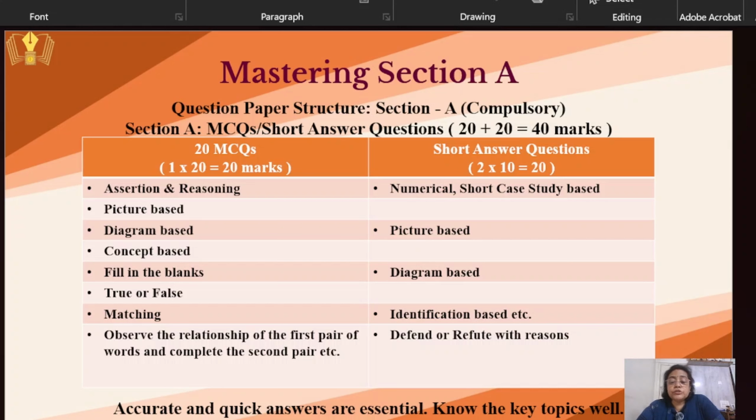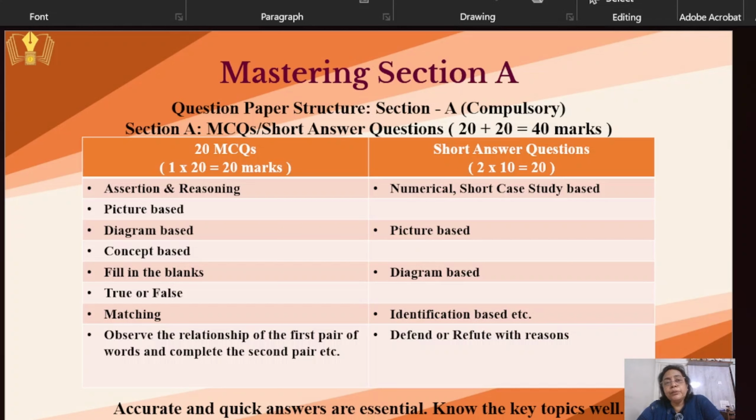Children, one thing you just remember, out of the MCQs, when you get the assertion and reasoning questions, you read the assertion separately first, then the reasoning separately. Now you have to find out whether both assertion and reason are correct, or one is correct and the other is false.